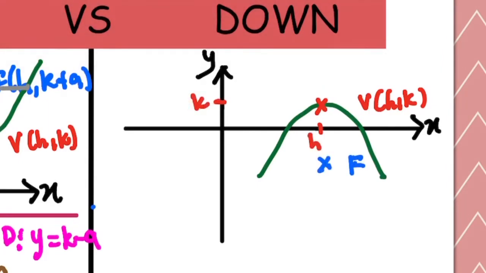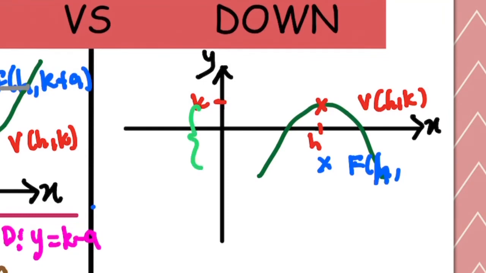Next, let's go to focus. Focus must always be in front of your vertex. So what is the coordinate of your focus right now? Can you see that for this point of focus here, your x coordinate doesn't change? Therefore the x coordinate is still H. So how about the coordinate of y?